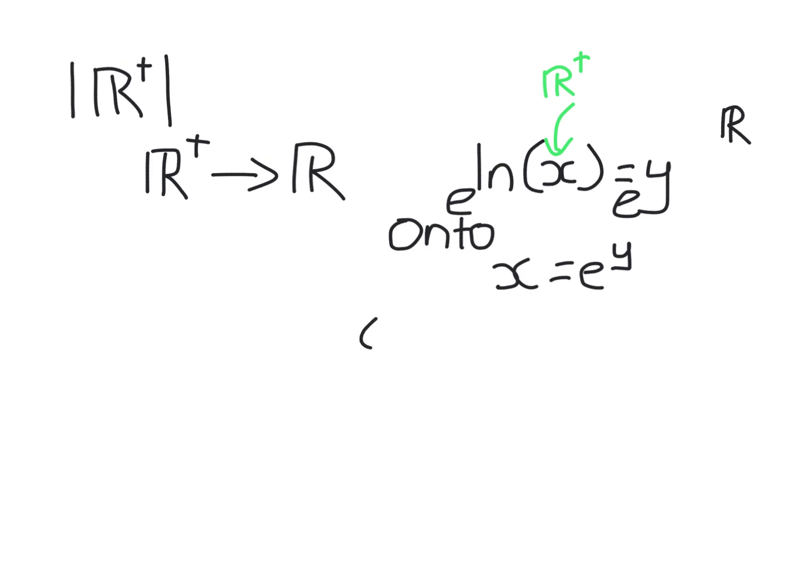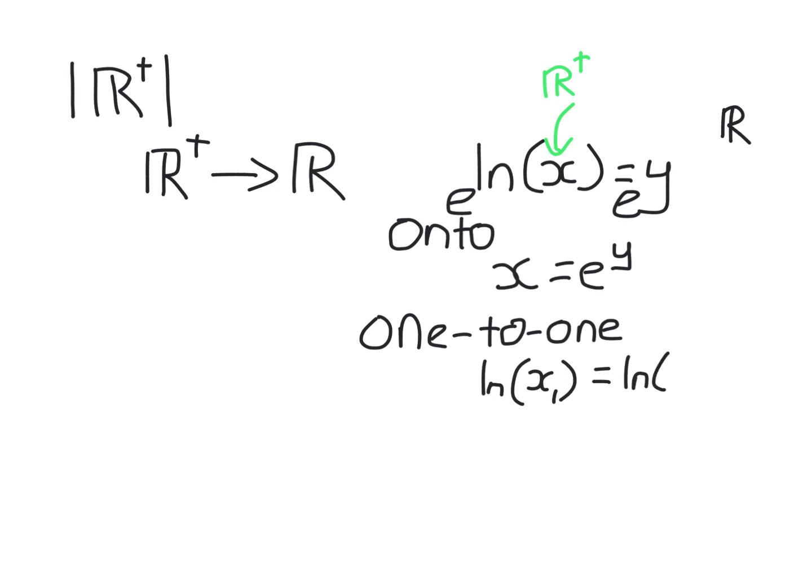Now what about 1-to-1? So remember, we want to check whether or not different inputs lead to different outputs. So let's consider the case where two inputs, x1 and x2, map to the same real number. That means they'll be equal. So I can just raise e to the power of each side and I get x1 equals x2.